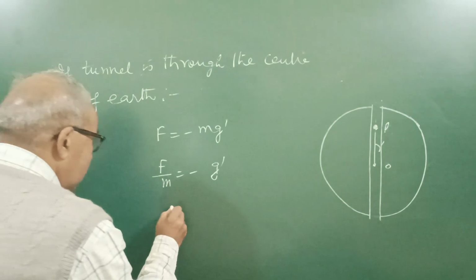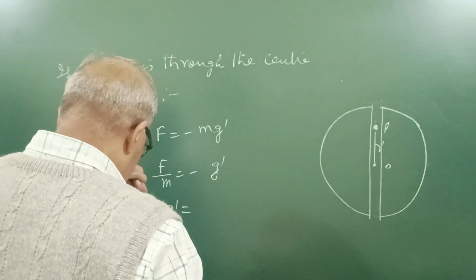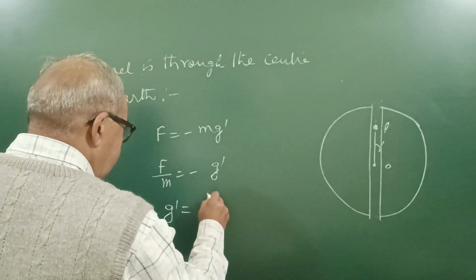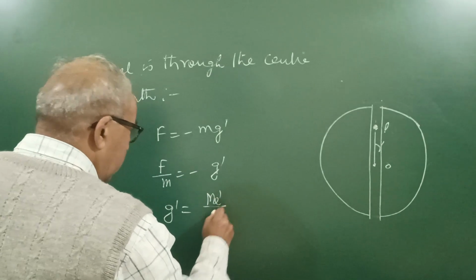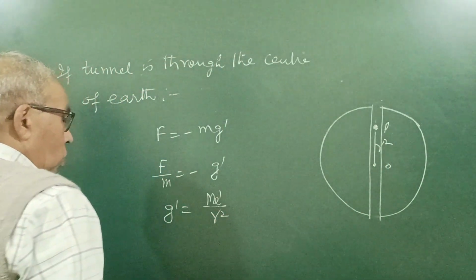But g dash here is equal to G M_E dash upon this r square.